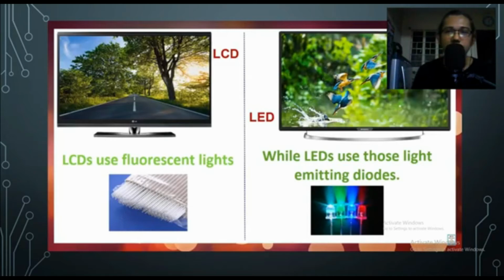No? So pag tinitigan niyo yung TV screen niyo, pag nakita niyo na mahaba siya, pahaba siya, so LCD yun. Pag nakita niyo naman na parang tuldok-tuldok siya, parang grid ang itsura niya, siya ay LED. Okay.